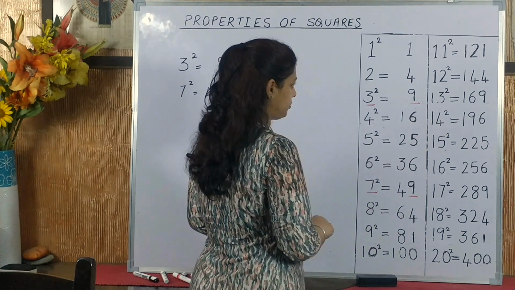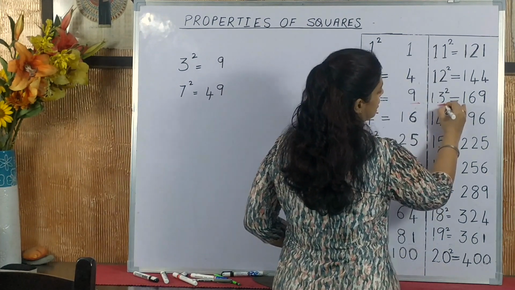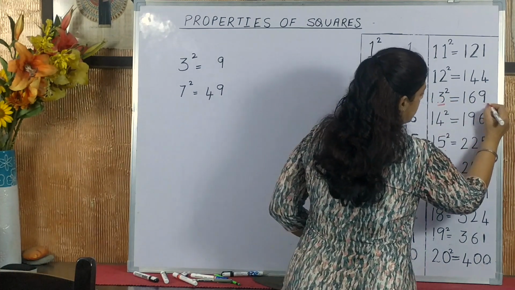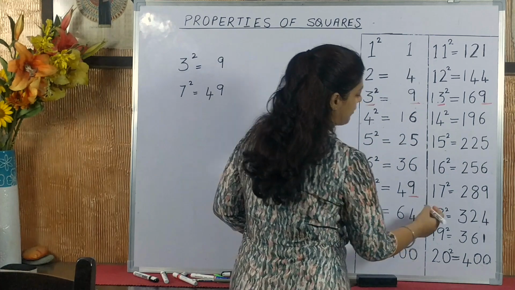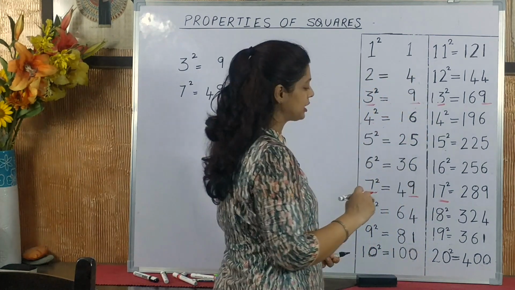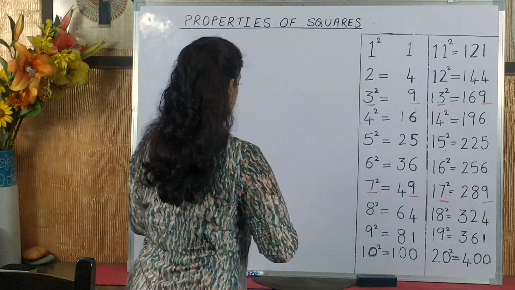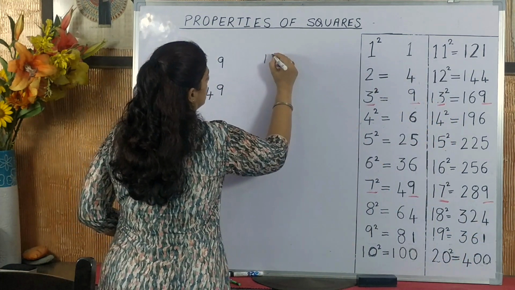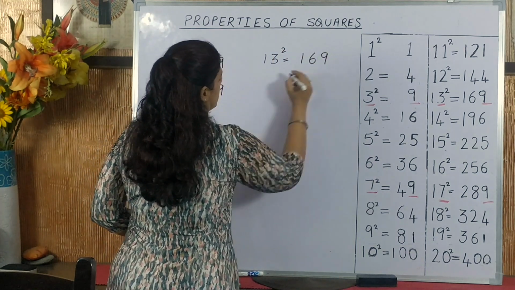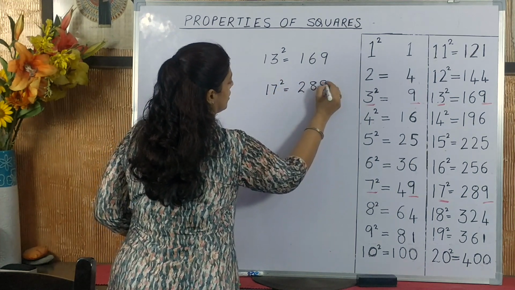Similarly, over here from squares of 11 to 20, we can see that 13 square has 3 in the units place and the square has 9 in the units place. 17 square has 7 in the units place, the number has 7 in the units place, but the square has a 9 in the units place. So I write here 13 square is equal to 169 and 17 square is equal to 289.